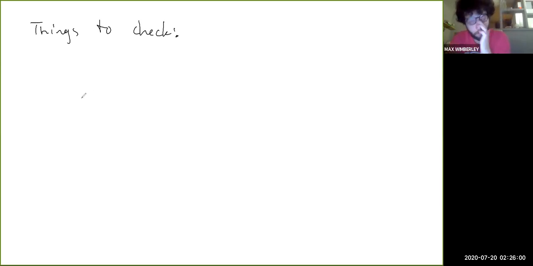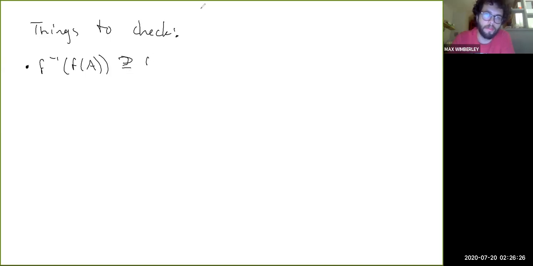In general, if you take the inverse image of f of A, you will get a set which contains A, but may not be equal.